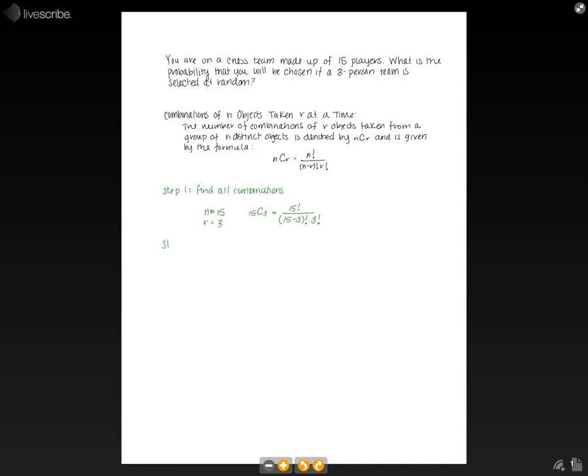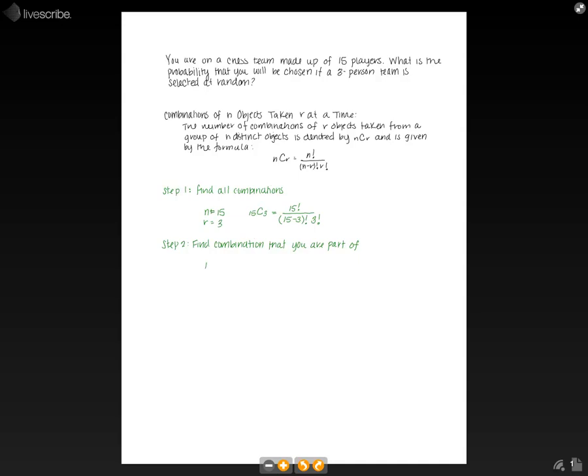So step 2 is going to be to find out how many of those combinations that you are a part of. Assuming that you're on the team, that means that there are 14 people left and that we need to choose 2 more people.